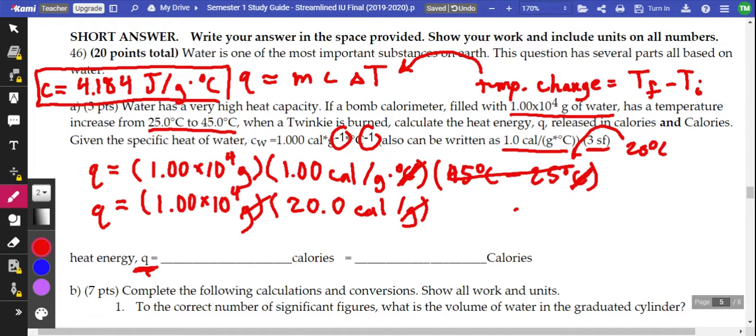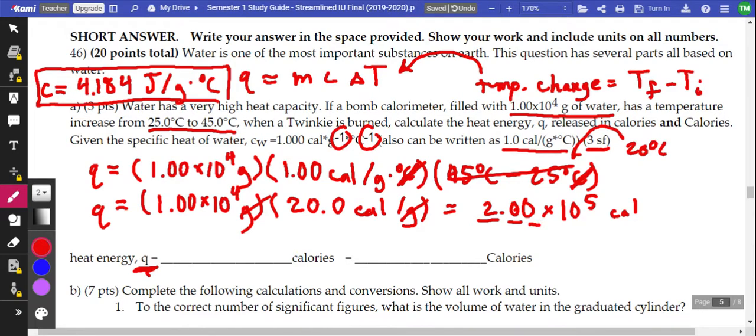It's going to be 20 times this 1 times 10 to the fourth, which is 20 times 10 to the fourth. If you wanted to fix that scientific notation, it would be 2.00 times 10 to the fifth, and our unit is calories. We want to make sure that we have 3 significant figures, which I do here, a 2 and two 0s. So that's cool.